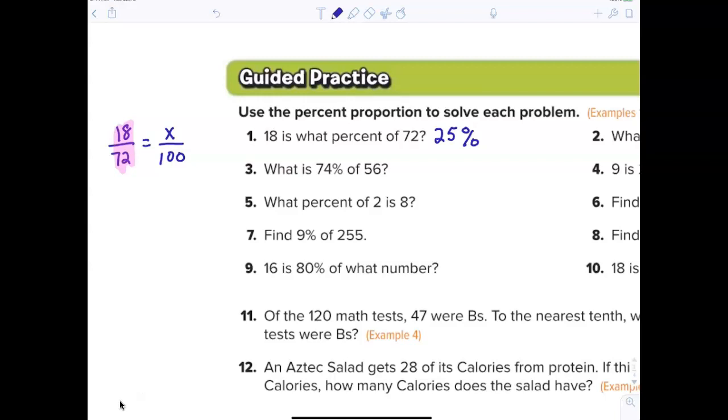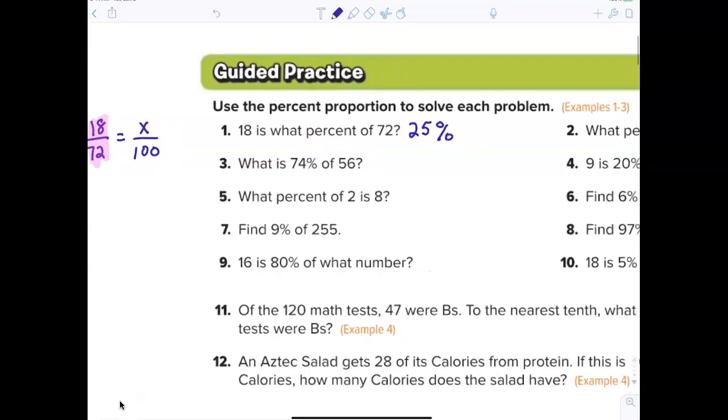Personally, I wish you would just be able to look at it and say, well, that was obvious, that was 25%. But we're not quite there yet. Yes, 1800 divided by 72. There are so many different ways to think about it.